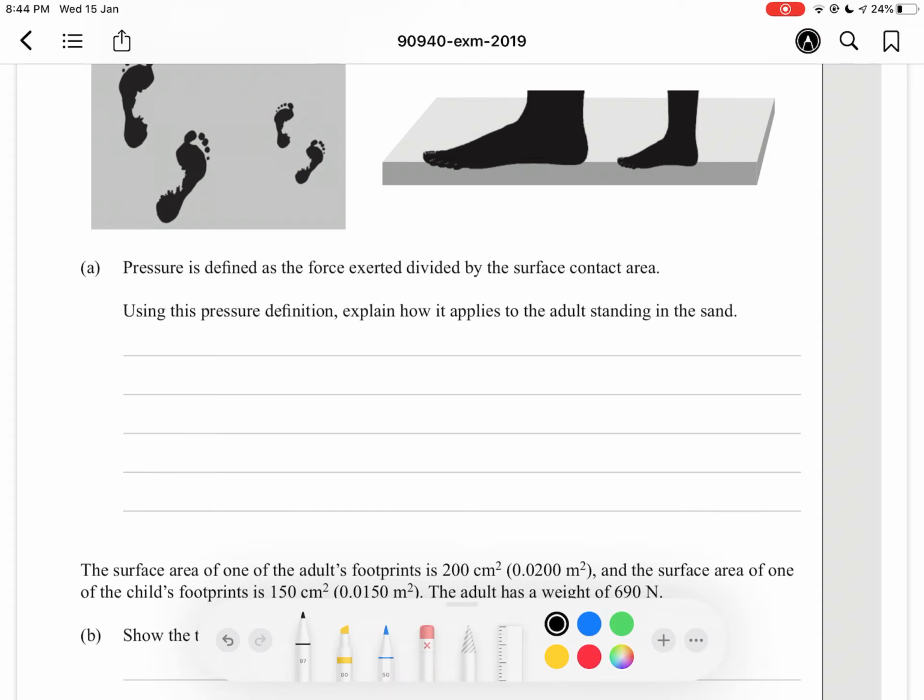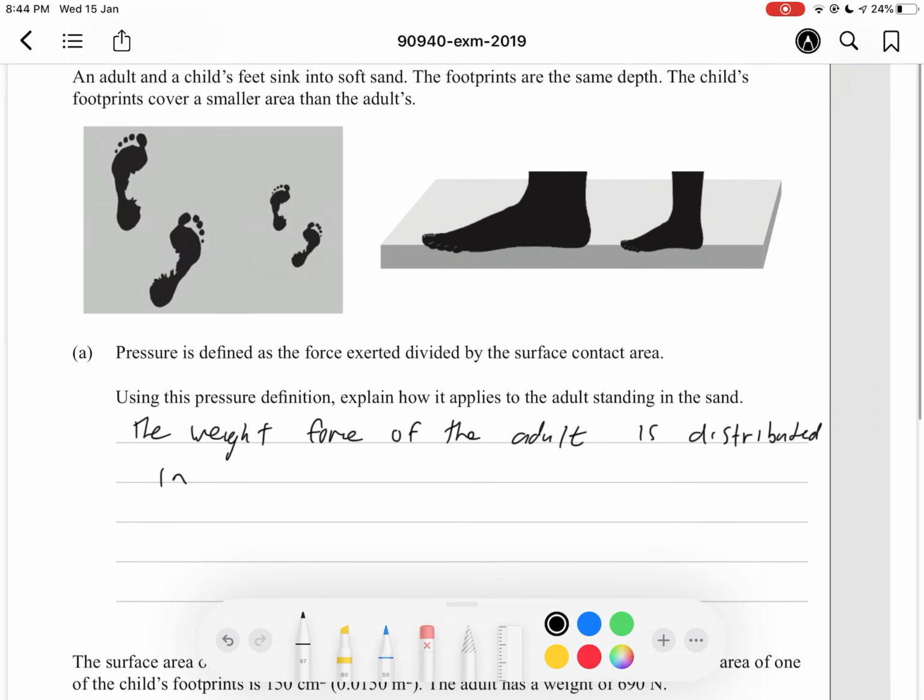So for this question, using this pressure definition, you can say the weight force of the adult is distributed over his or her two feet. These feet are in contact with the sand.